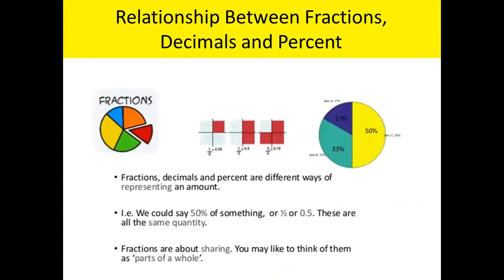Now take a look. Remember that all of them, a fraction, decimal, and a percentage, could be said to be a part of a whole. If you look at the illustration on the screen, for a fraction, for example, this slice is being taken out, so this is a part of the whole round.